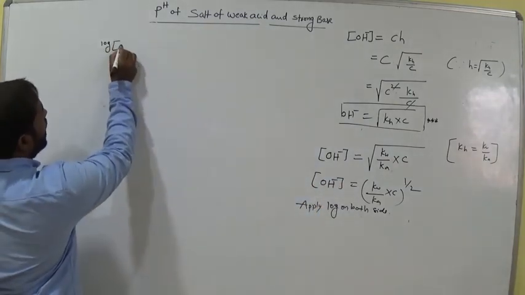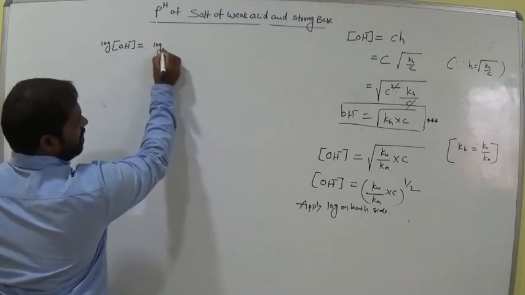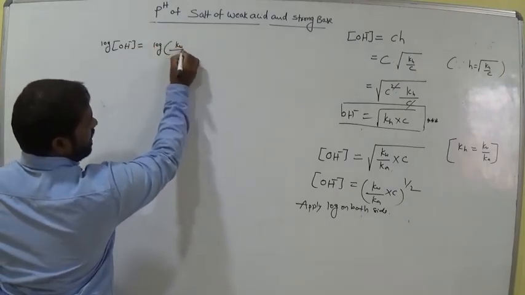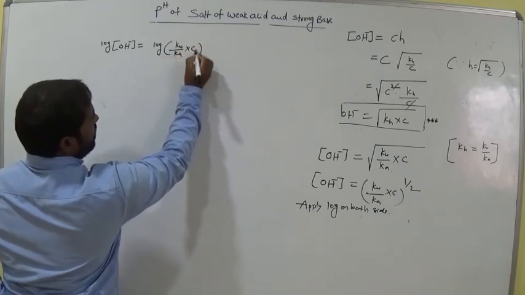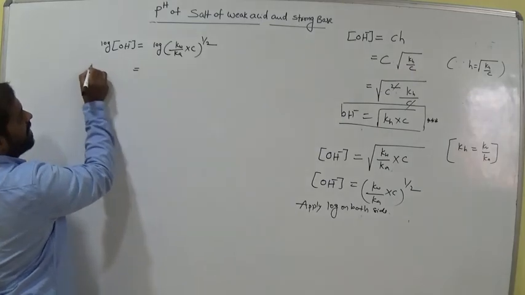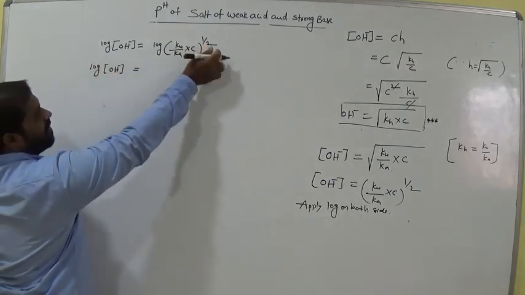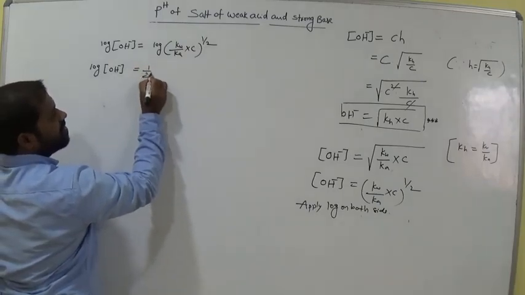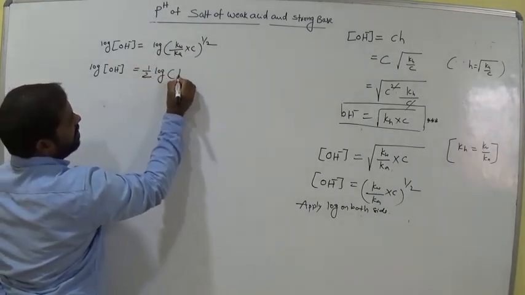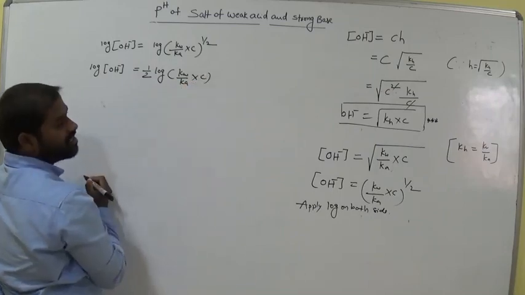Now log of OH minus is equal to log of Kw by Ka into C whole to the power 1 by 2, am I right? According to logarithm concepts, this power comes as a coefficient of log. Kw by Ka into C, am I right?